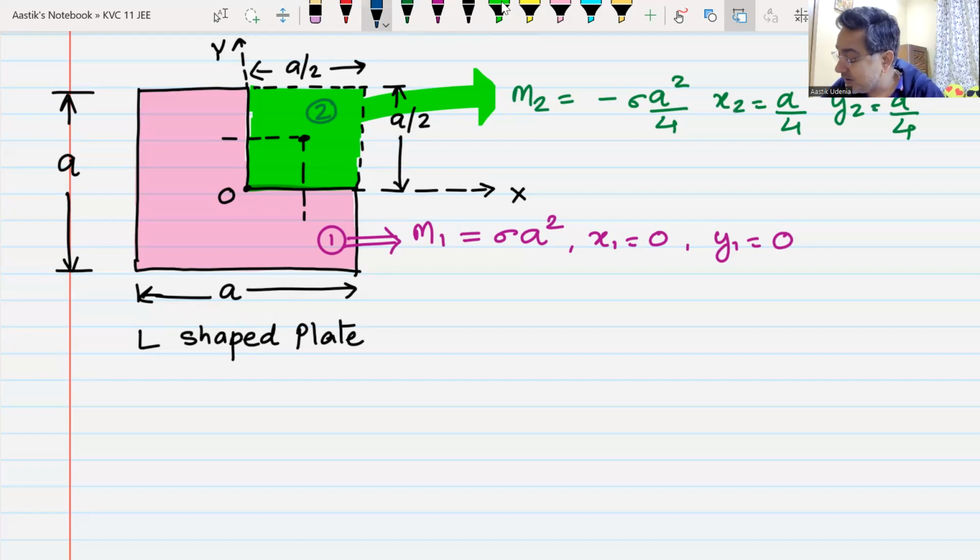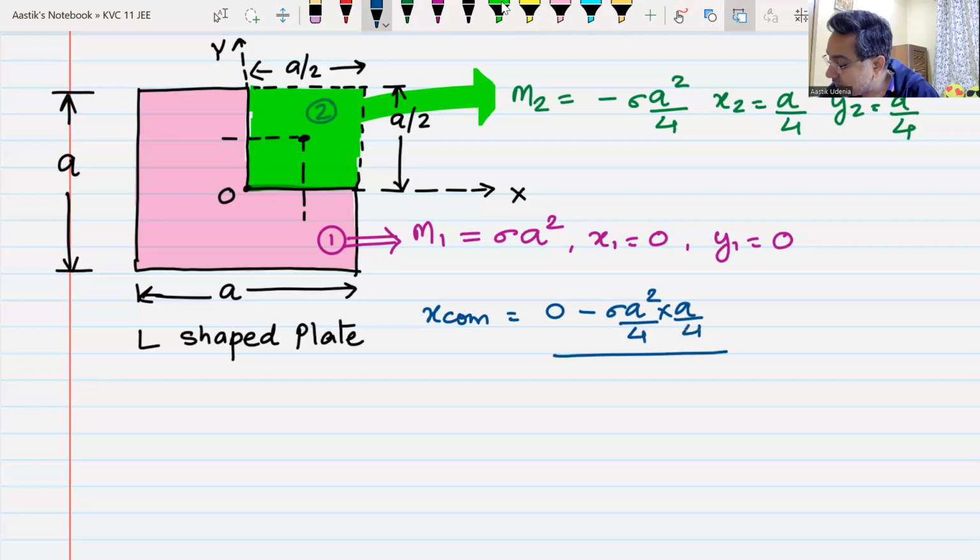Then the only thing that remains is to find out the x coordinate of the center of mass. The first part is 0. The second part is sigma a square by 4 into a by 4, divided by sigma a square minus sigma a square by 4.